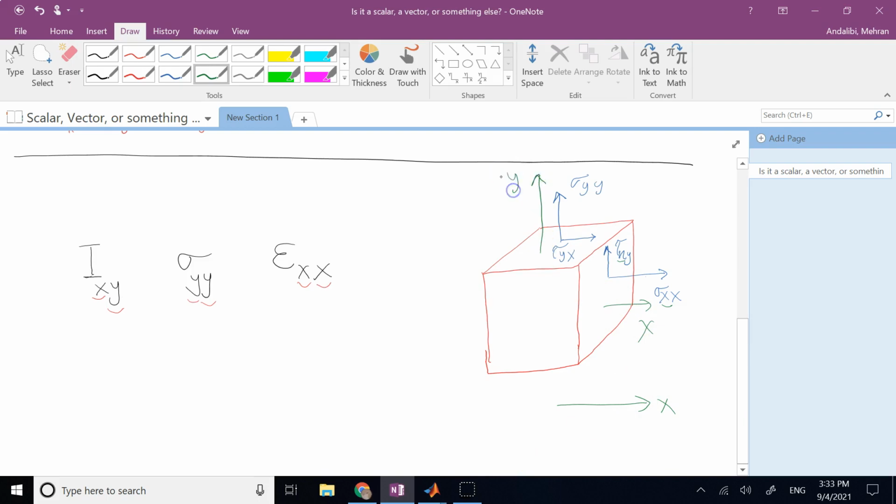For this one, it is what? The y-axis that is normal to the plane, right? And for example, if you have something on this face, the normal to this plane is what? It is the z-axis. Therefore, if I have a normal stress here, you might call it sigma_z, and then the second entry that you have shows the direction of that physical quantity. So here it means it is also in the x direction. This means no, it is a shear stress in the y direction, right?